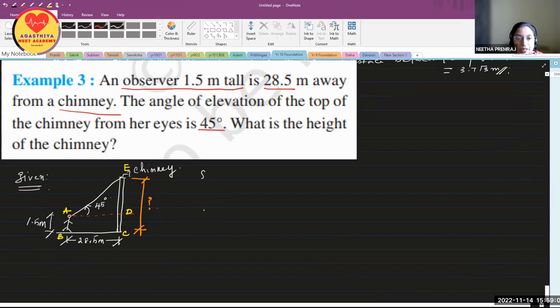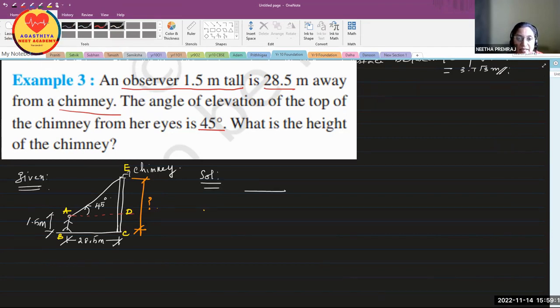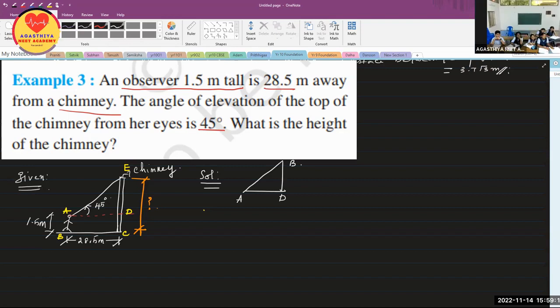Now, I take the right angle triangle alone. If you draw A, D, B, this is 45 degree, and this is given as 28.5 meter. You want to find this.